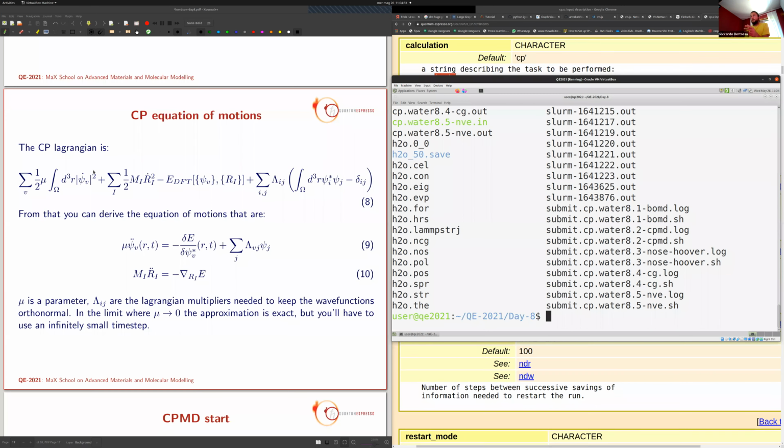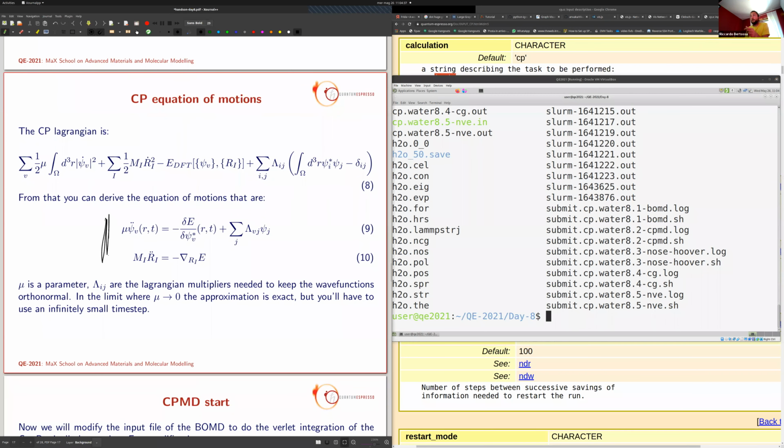The important point is that these are the equations that we need to integrate with the Verlet algorithm. There are some parameters, but before the parameters, let's focus on the equation itself. It is a second order differential equation. To integrate a second order differential equation, you need the initial conditions.